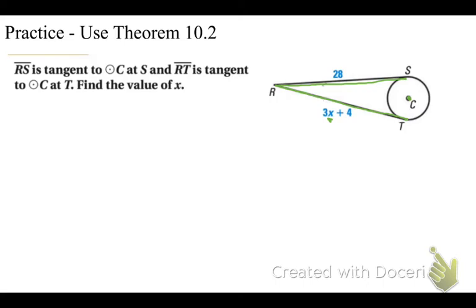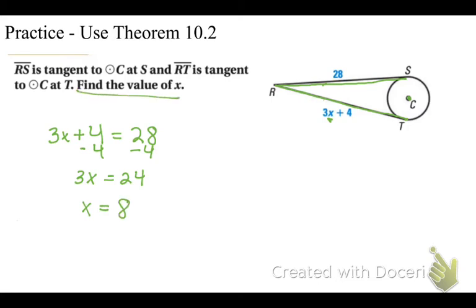So just like you guys are used to doing, we can set up an equation that says 3x plus 4 is equal to 28. Okay, so we're going to subtract 4 from both sides. We get 3x equals 24. X is equal to 8. Okay, so then it asks you to find the value of x. X is equal to 8, and you're done.